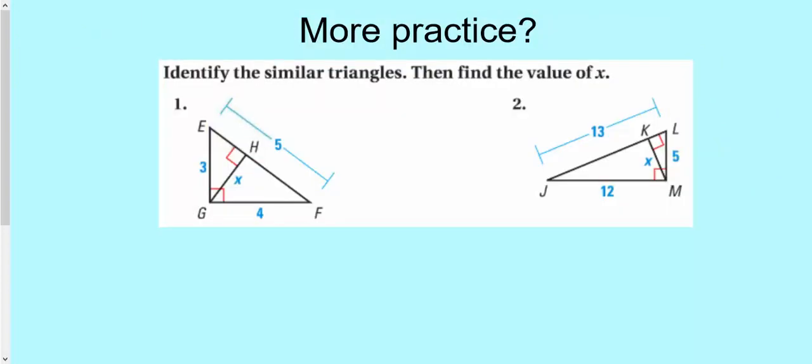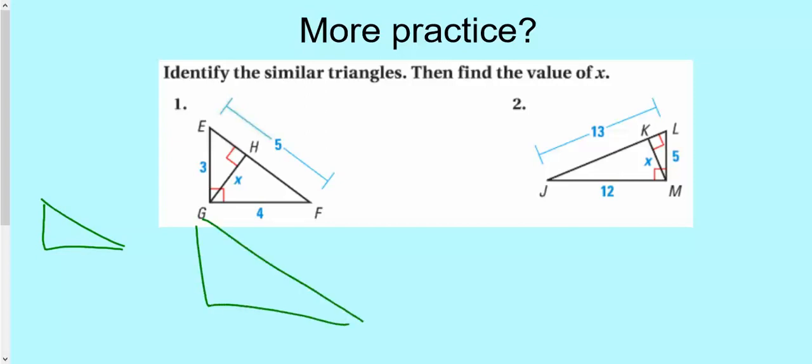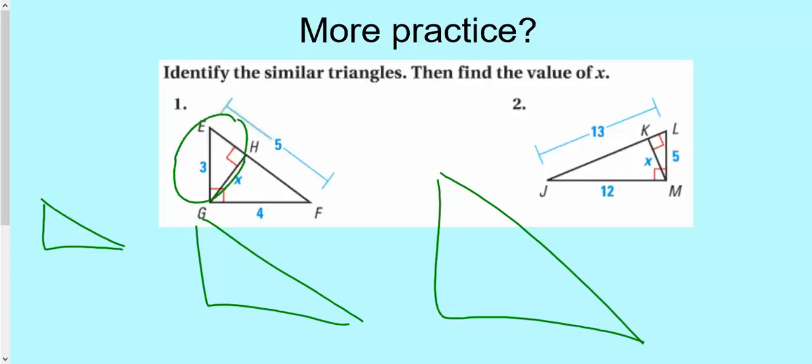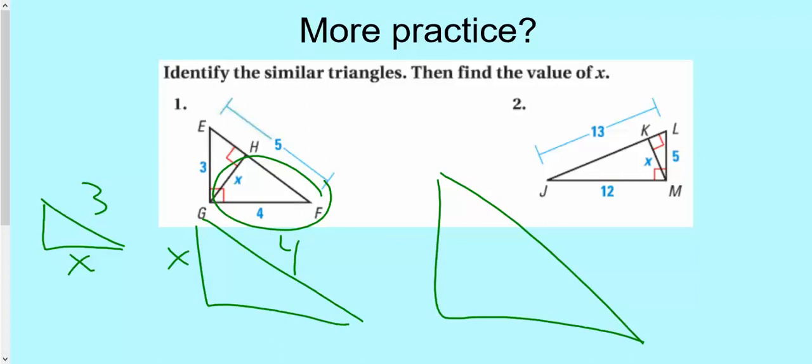So before I do anything at all, I'm going to draw three triangles. 1, 2, 3. I'm going to start with my little one. Here's my little triangle right here. I know 3, and x. Then I'm going to do my medium one. They give us x, and they give us 4.